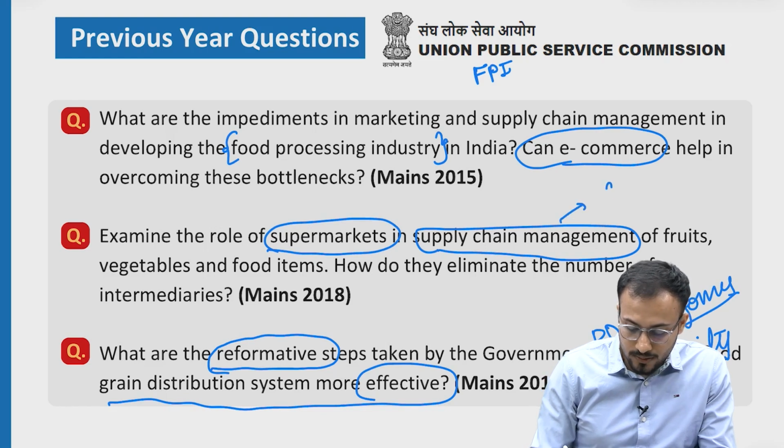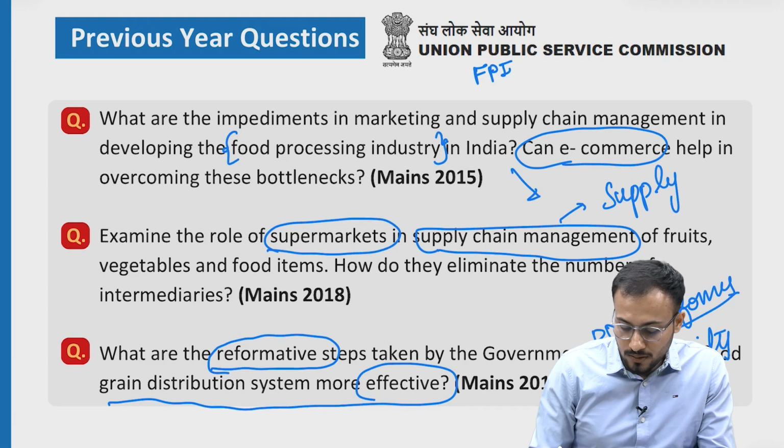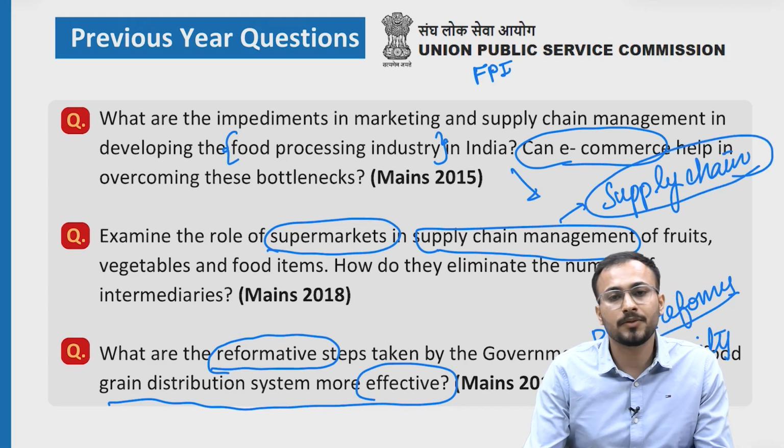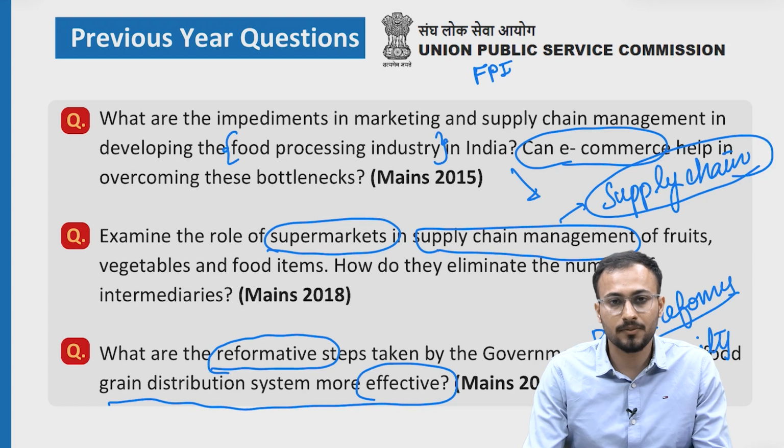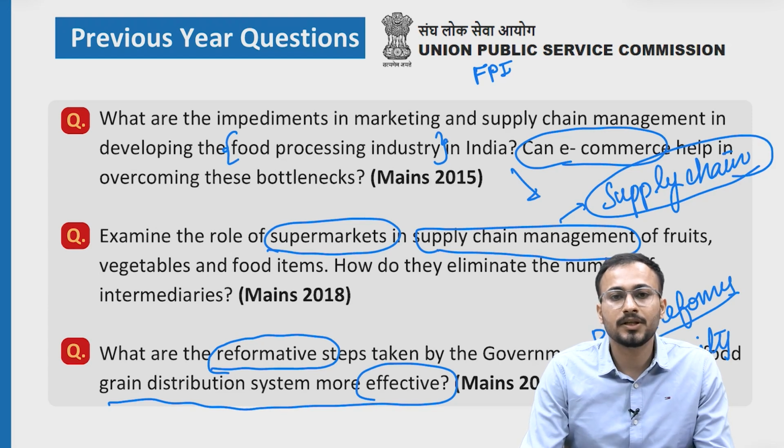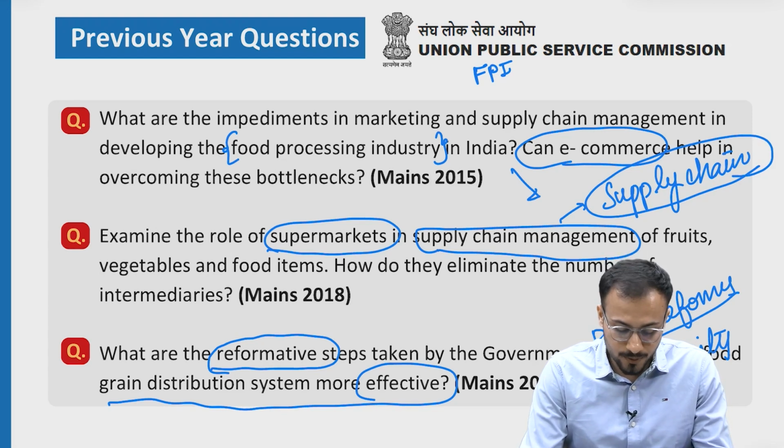This here links to the supply chain, both the food supply chain, how it can be made more efficient, how wastage can be reduced, how investment in infrastructure related to the food processing industry can help in managing the food better and reduce the food wastage.